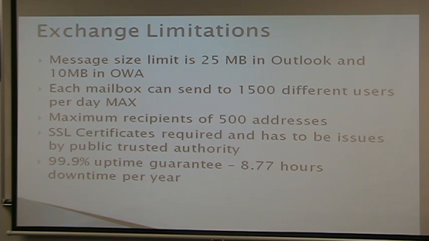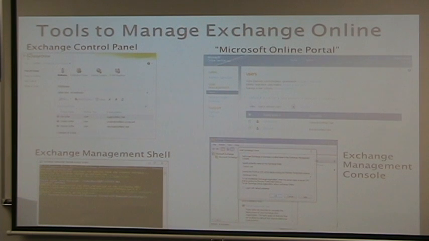All right. So some of the tools to manage Exchange Online, you've got the Exchange Control Panel, which is the Office 365. I mean, that's hosted. You can manage email addresses and do all the Exchange stuff. The Microsoft Online Portal would be to assign licenses, create users, et cetera.